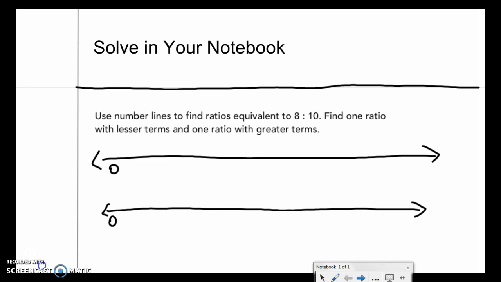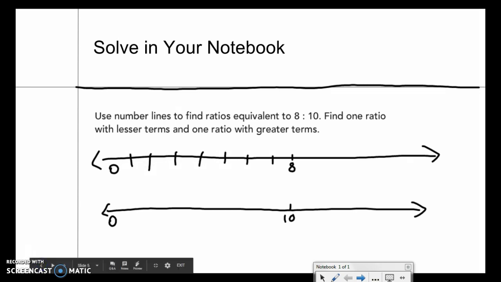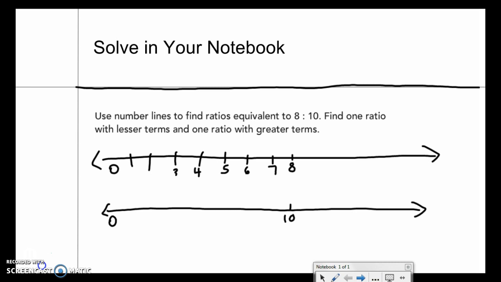About where 8 is located on one number line is where 10 is going to be located on another number line. 7, 6, 5, 4, 3, 2, 1. So 7 is going to be about right here. 6, 5, 4, 3, 2, and 1.